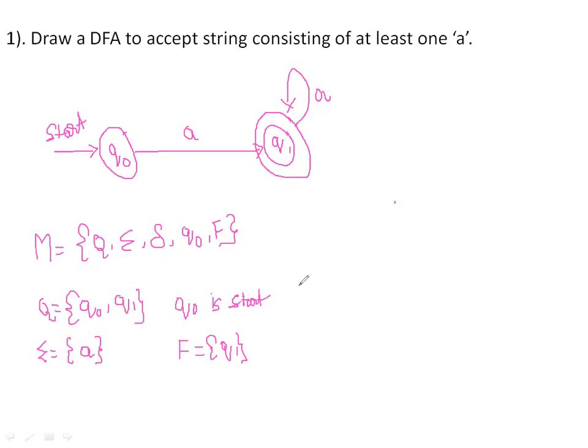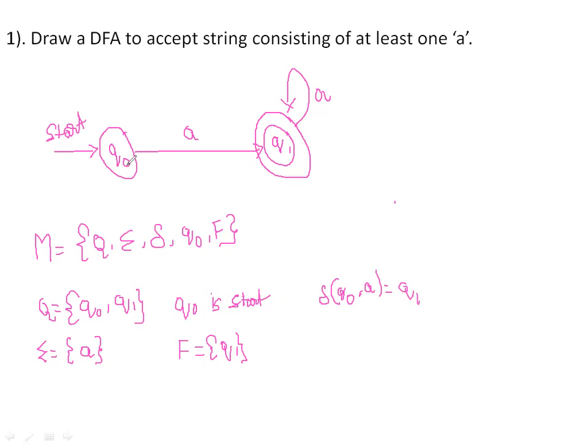Then later, delta we are having, right? What does delta stand for? Delta is a transition function. Whatever transitions we have for q0 and q1 on receiving alphabet a should be mentioned. How many possible transitions are available in that particular state should be defined. So delta of q0 comma a will be equal to q1.